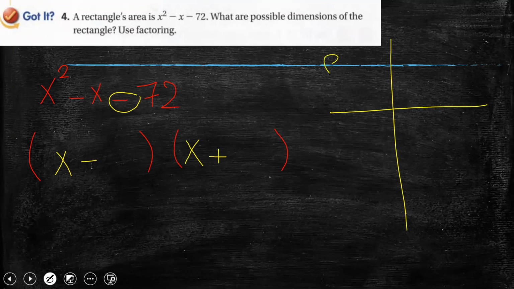Let's now draw a table. In this table, I want to write all the factors of negative 72 and then the summation of these factors. What are the factors of negative 72?